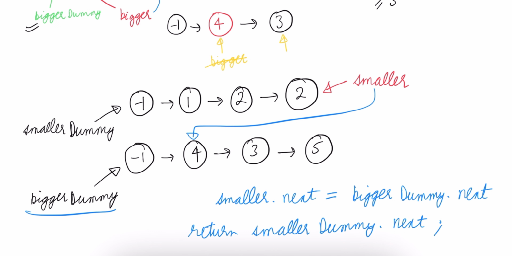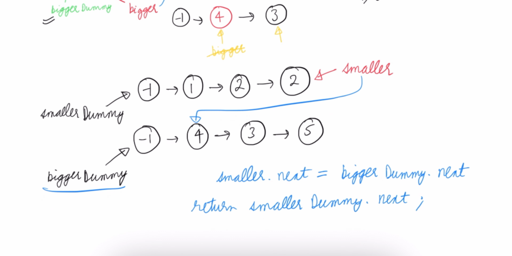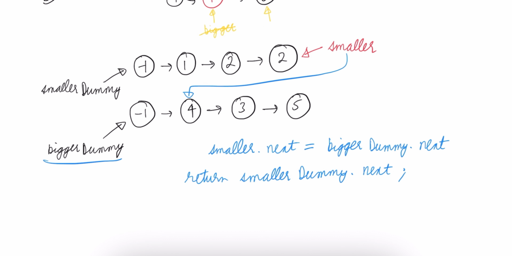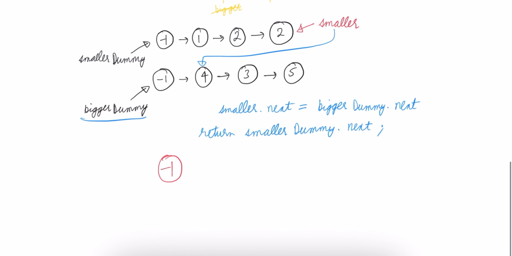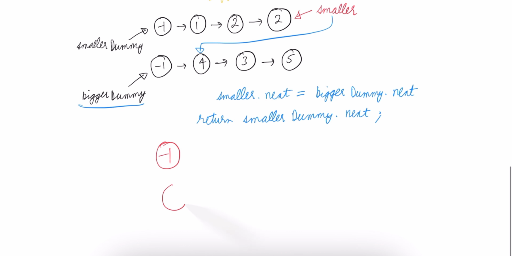So for the case when my linked list might only have 1 or 2 nodes, in that case what it could look like is my smaller dummy would be this again, and it might not have any elements after I'm done traversing, and my bigger dummy might have some nodes.